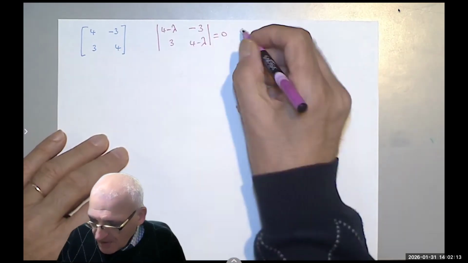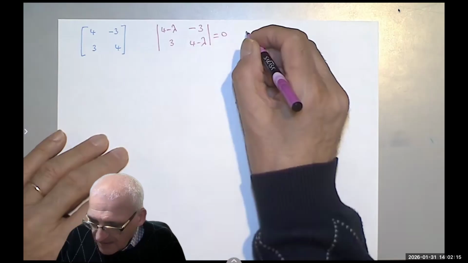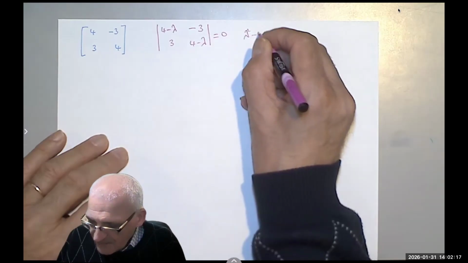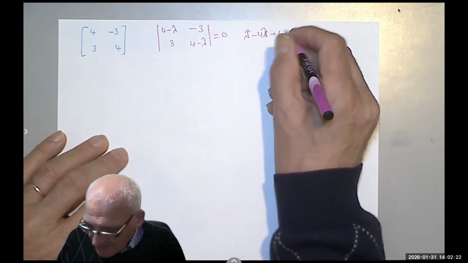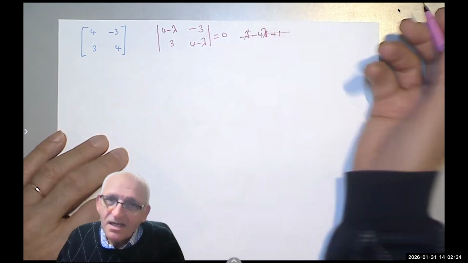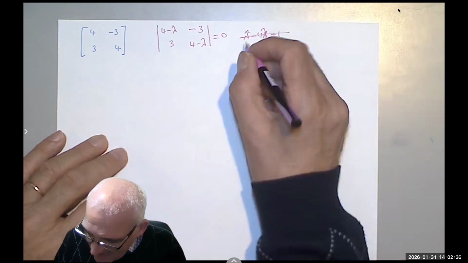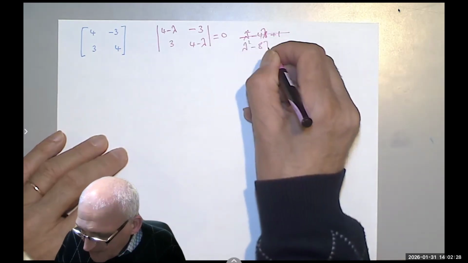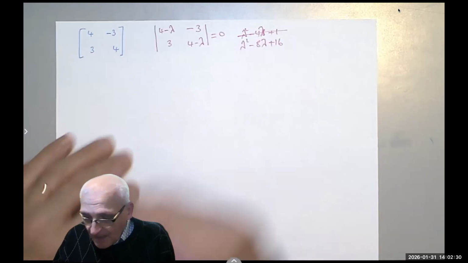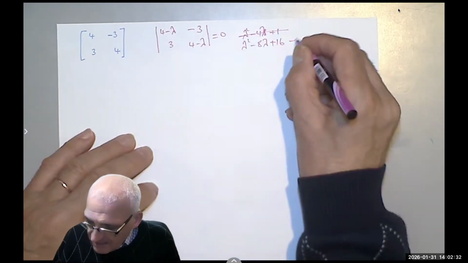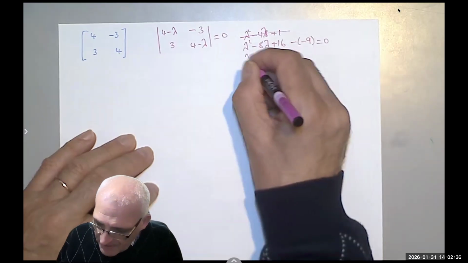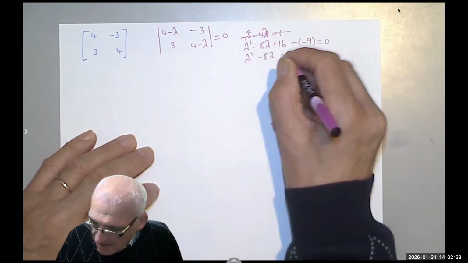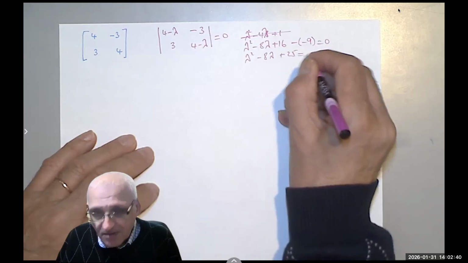So it's easy. We get lambda squared minus 8 lambda plus 16, minus -9, and that equals 0. So lambda squared minus 8 lambda plus 25 equals 0.